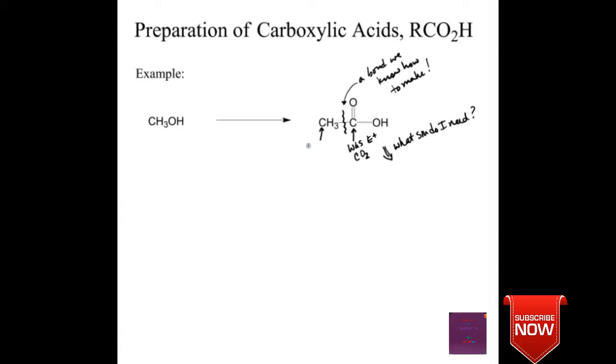And what nucleophile? That means this methyl group was my nucleophile somehow. How did I make it a nucleophile? I used a Grignard. So the starting materials I need are methyl magnesium bromide and carbon dioxide. If I had these 2 ingredients, I would be able to make this target molecule.